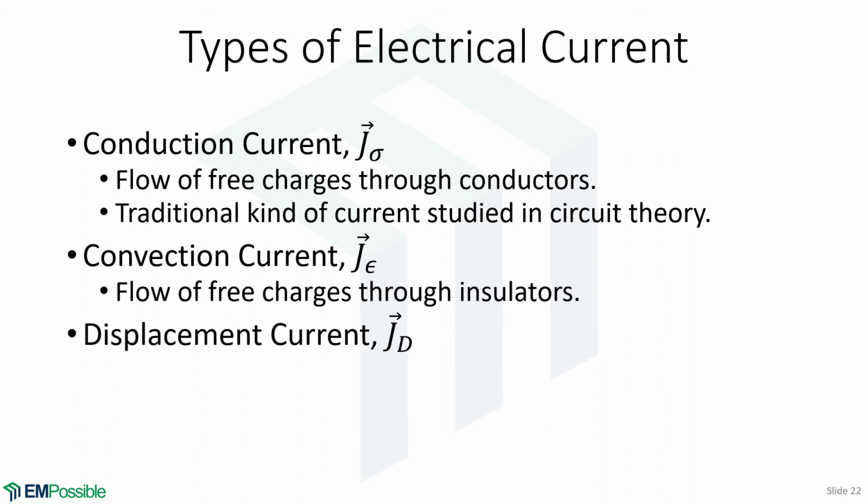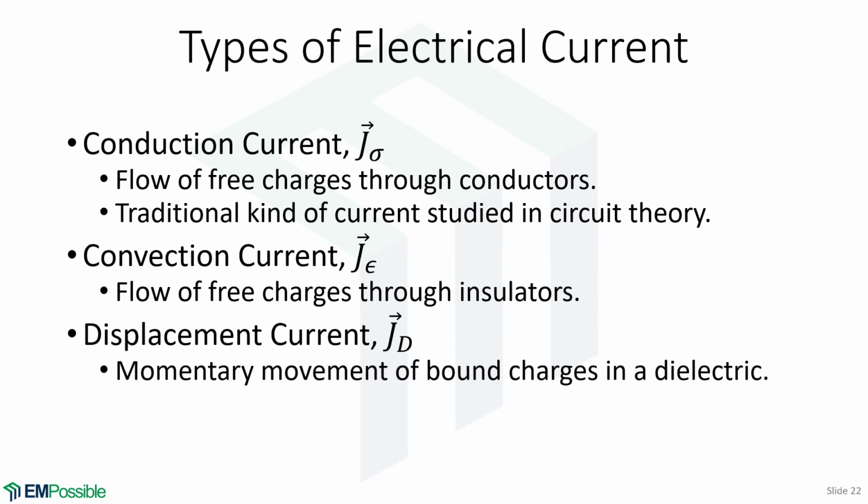The last type of current is the displacement current. And the subscript D is to remind us this is sort of related to the displacement field that we talked about. Remember when we talked about the two types of electric energy, and we showed the atoms and they're in their equilibrium state. We apply an electric field and that stretches those electron orbitals to one side, forming an electric dipole.